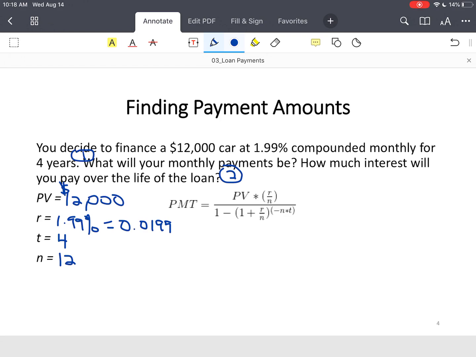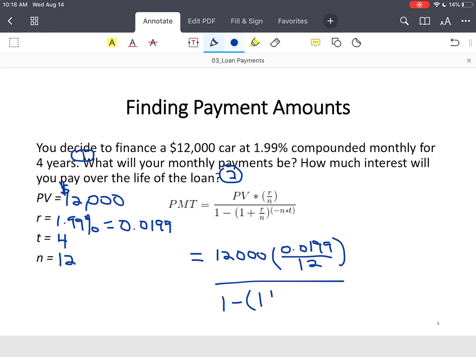So to find our monthly payments, take the $12,000 times the interest rate, 0.0199 divided by 12, all over 1 minus 1 plus 0.0199 divided by 12, raised to, notice we've got a negative exponent, negative 12 times 4 years.